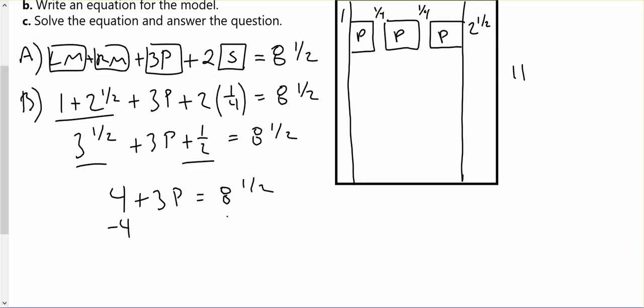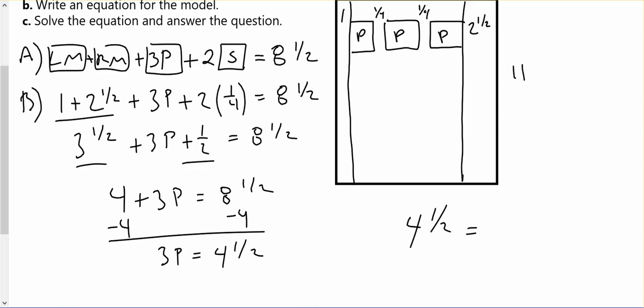Subtract 4, subtract 4. 3p equals what? 4 and 1/2. So let's change this. 4 and 1/2 is going to equal, how do we change from a mixed number into an improper fraction?